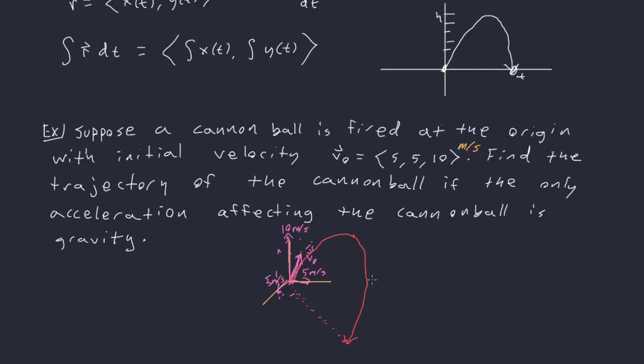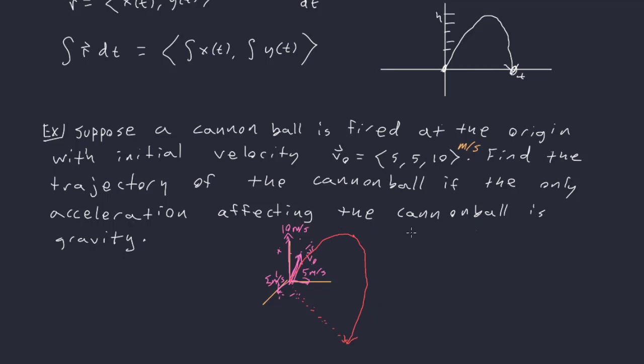And since there's nothing else affecting this, it should just go up and down. However, unlike over here, where we're talking about a one-dimensional idea, this is cruising over the diagonal.